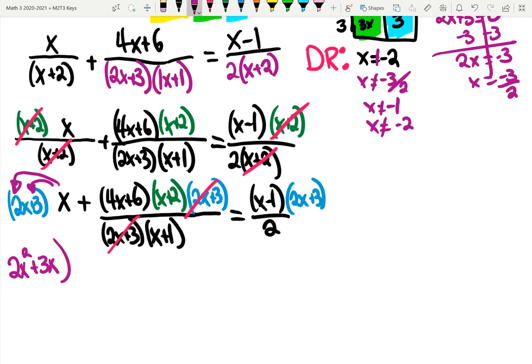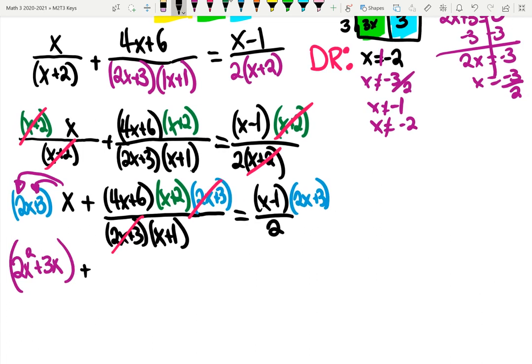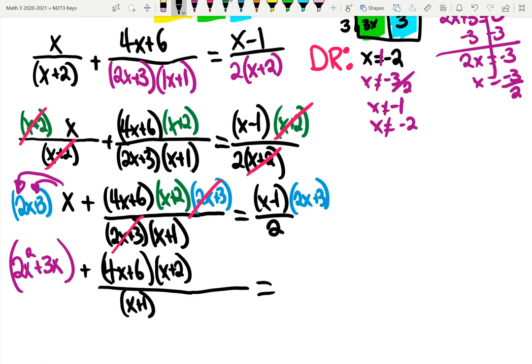I'm going to put a parenthesis around it, plus 4x plus 6 times x plus 2 all over x plus 1. Keep it large. And oh, all of these survive. And to be consistent, I'll keep this guy green.